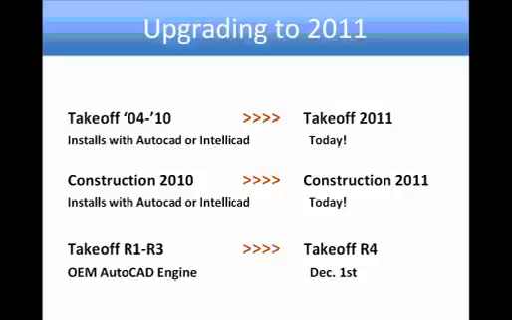Carlson Construction, which was first introduced last year, same thing, that's going to be available starting today. And Carlson R1 through R3, or T1 through T3, if you have any of those versions, that's the version that has the AutoCAD OEM engine built inside of it. We'll be coming out with a T4 release by the end of the year.